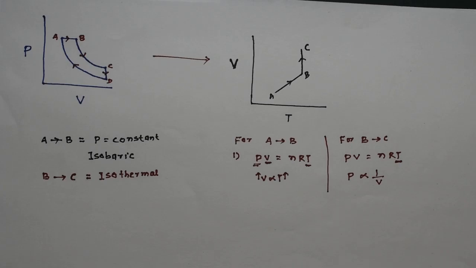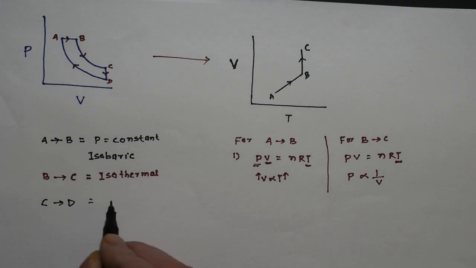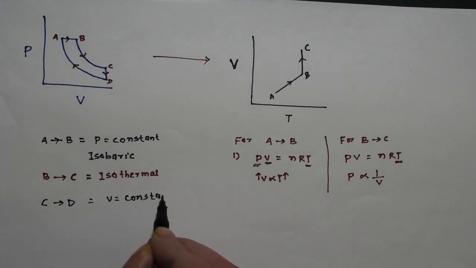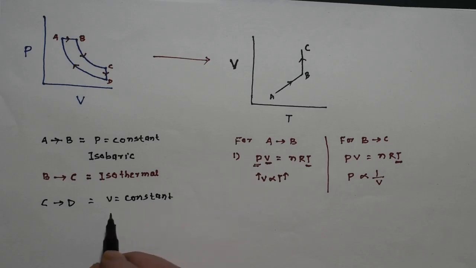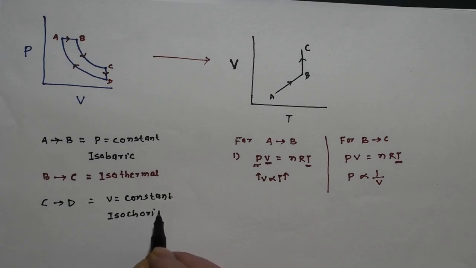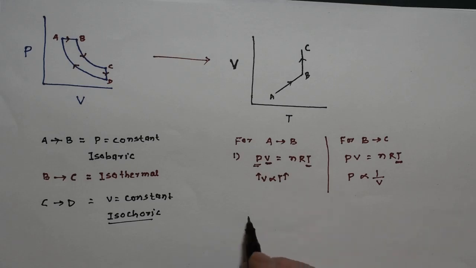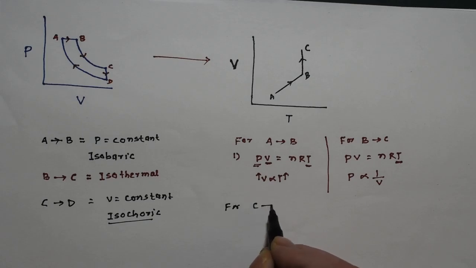Now next, C to D process. Here volume is constant. That means this is an isochoric process. Let's see for process C to D. PV equals nRT, and in this process volume is constant.